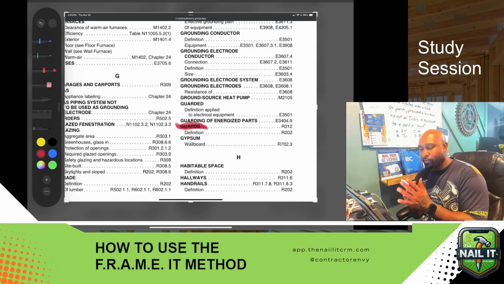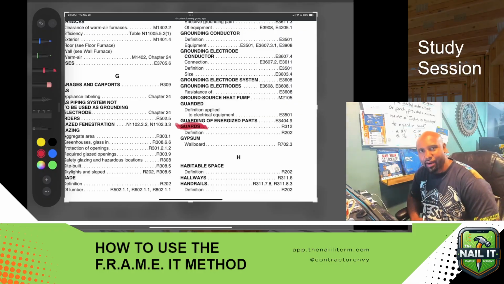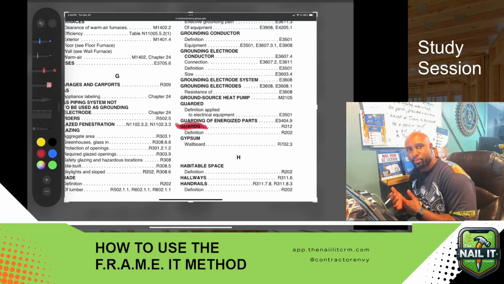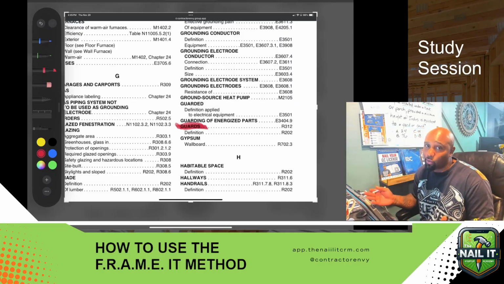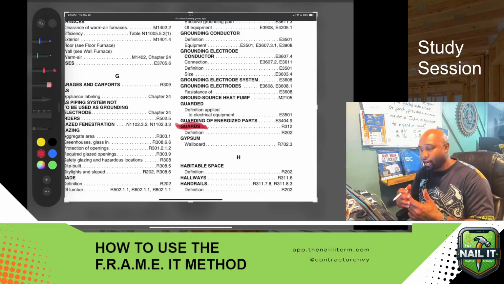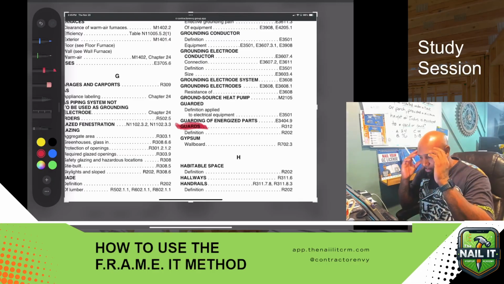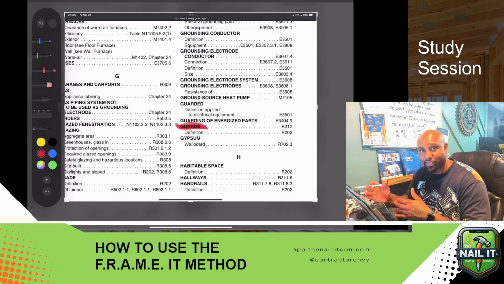That's where I was talking about the common mistake. You're like, damn, guardrails ain't in there. Well, guards is. All right. Stairs, you won't find stairs in your index, but you'll find stairways. So that's a good way for you to really break down your keywords, by being open and making sure that you're not missing the simplicity of what it's saying.